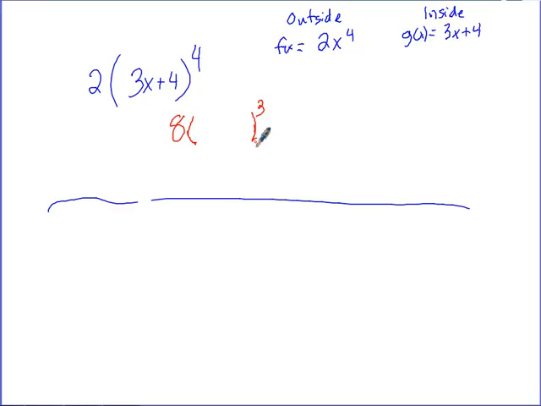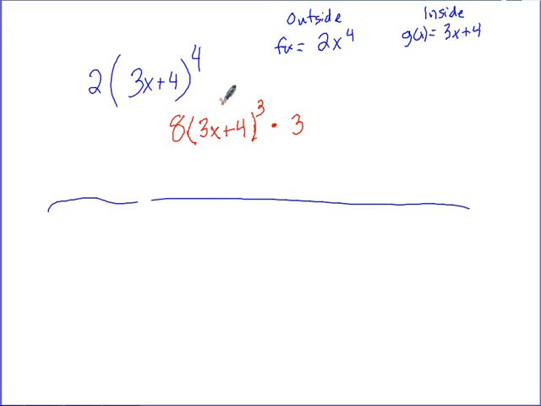So it's 8 times, 3x, there you go, plus 4, cubed. And then it's times the derivative of the inside, which is just 3.